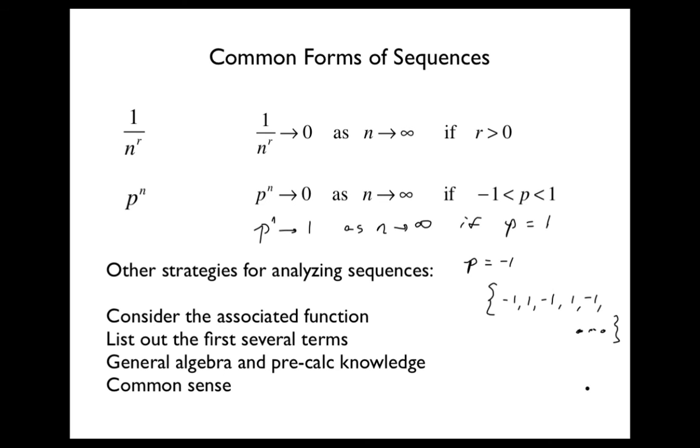Can it be convergent to 2 values? No. It has to hone in on getting exceedingly close to one particular value. This is divergent. It doesn't get close to one particular value, one limit.